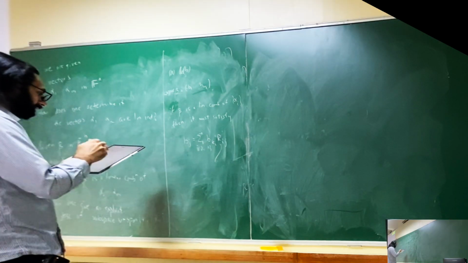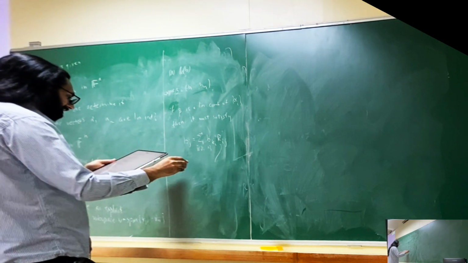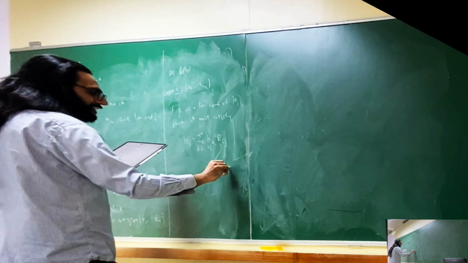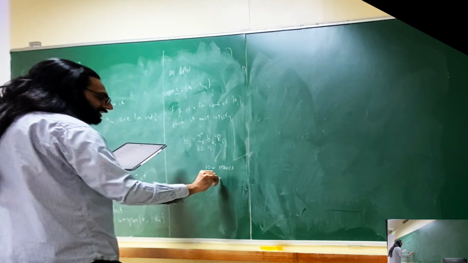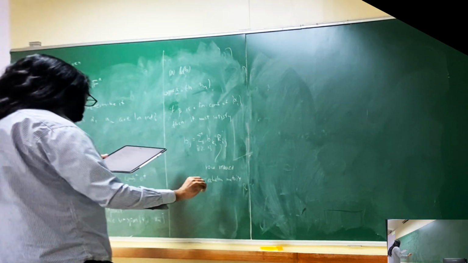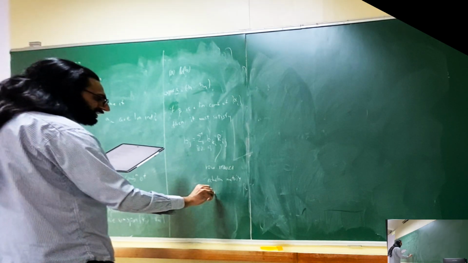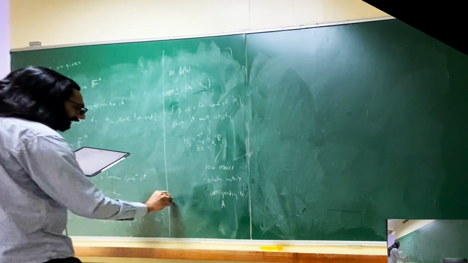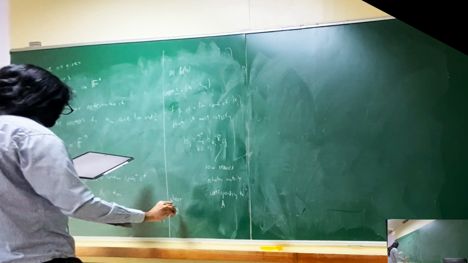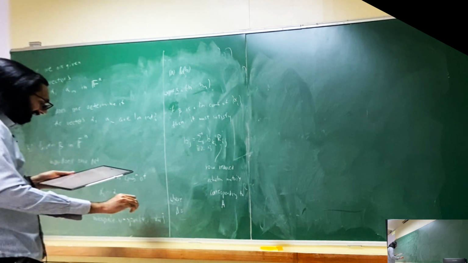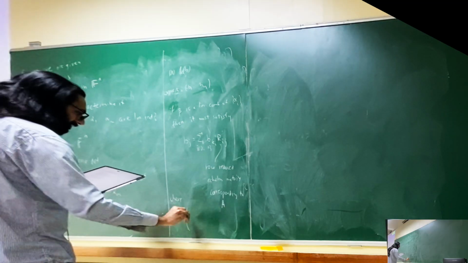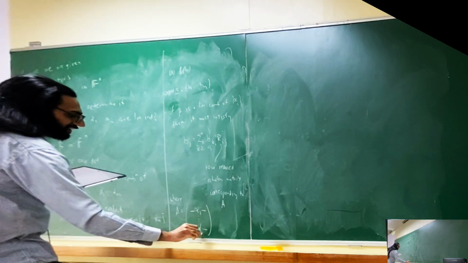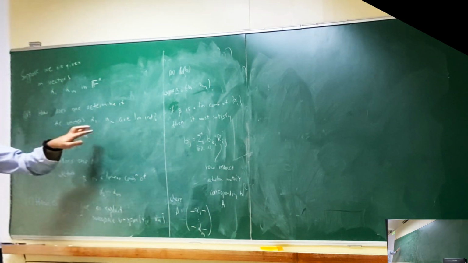And what is this capital R? Capital R is the row-reduced echelon matrix corresponding to A. What this is saying is that you're given these vectors.